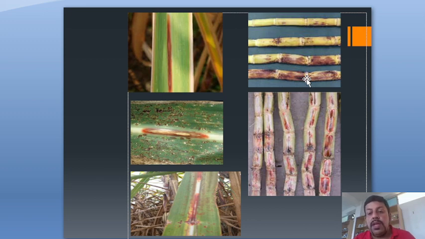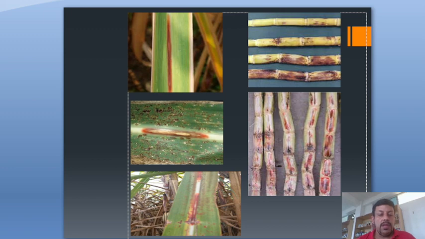But they produce spores, and these nodes produce spores in a spore sac. This is known as acervuli, a fungus spore structure, and the spores are present inside it. So these are the symptoms.